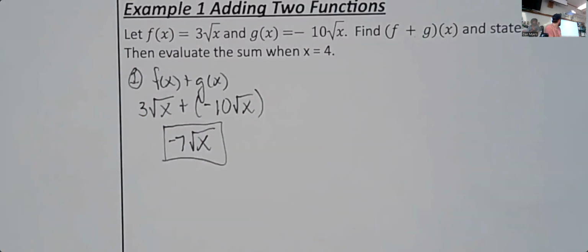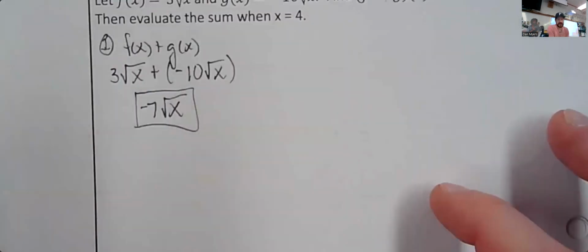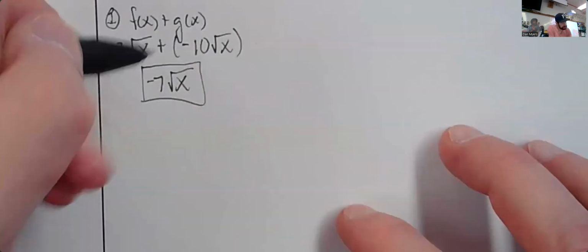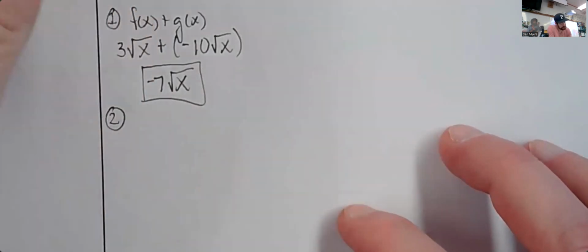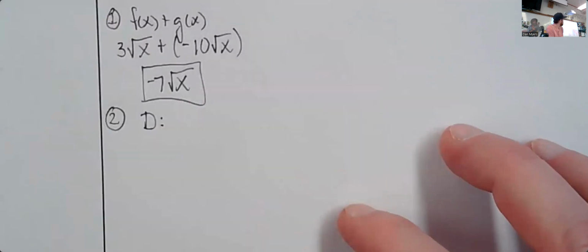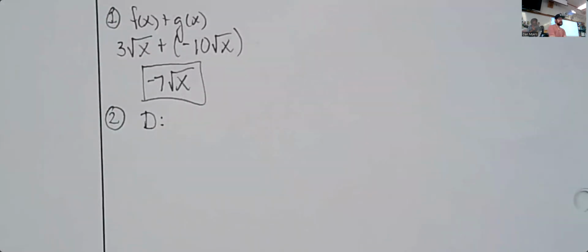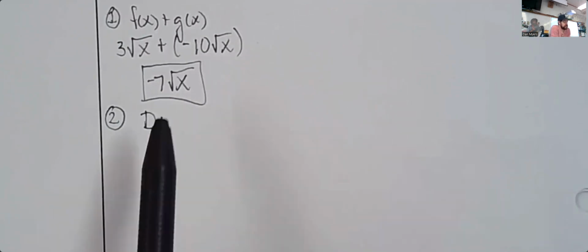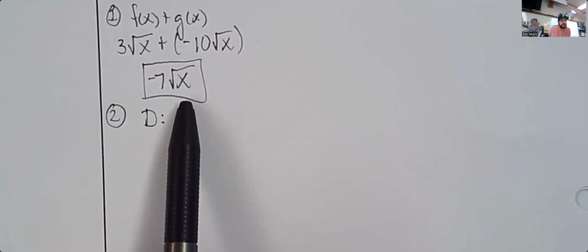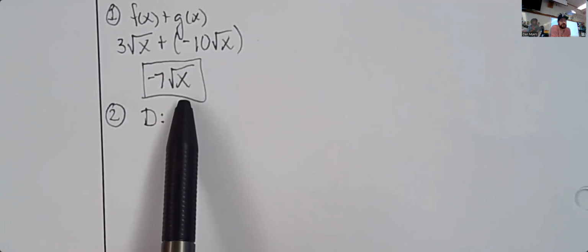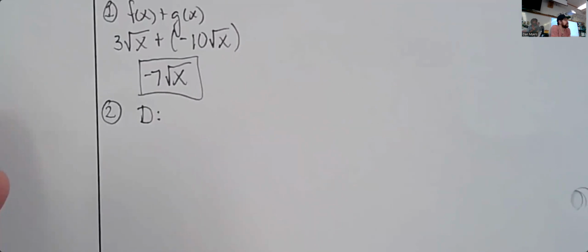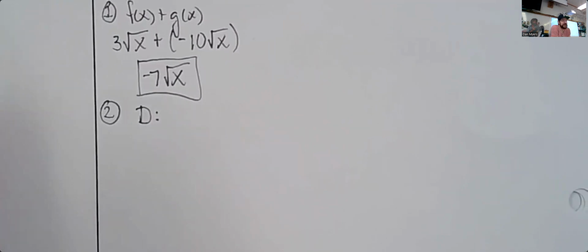That's the first part. Next, we need to talk about the domain of this function. So the domain here, what possible values of x work with this function? The radical is the clue here, and specifically the fact that we have an even index value, it's a square root.